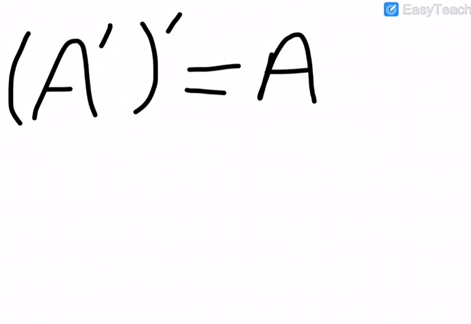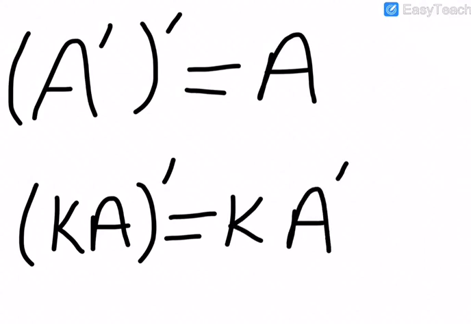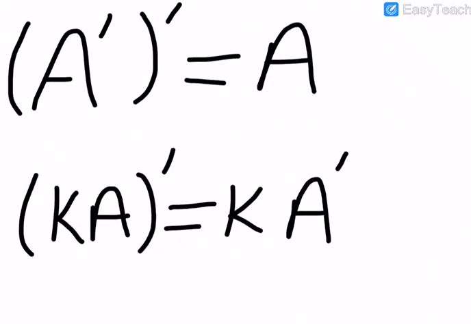Okay, this is cool. Another one, if you multiply a matrix with a scalar k, for example, and then take the transpose, the result is going to be k times the transpose of the matrix. There won't be any change, right? Another cool definition, these are very obvious. It seems obvious, but there is a mathematical proof for them.